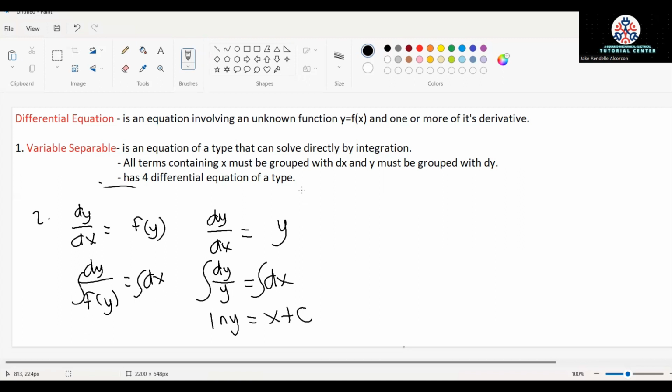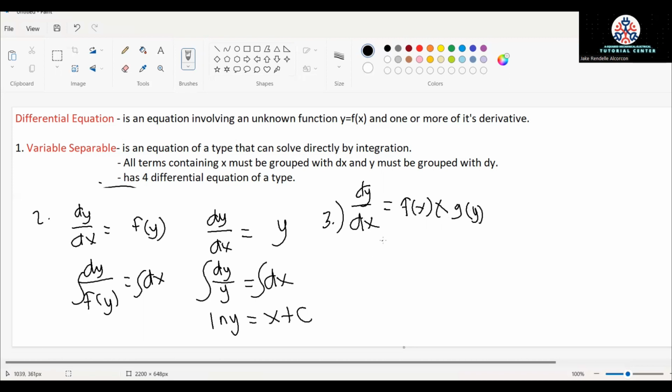So let's proceed to differential equation type number 3. Number 3 is dy over dx equals f, a function of x, times g, a function of y. So this is a multiplication. What will happen is you need to group x with dx and y with dy.